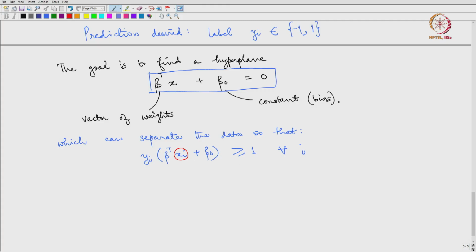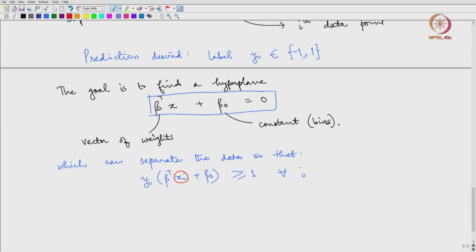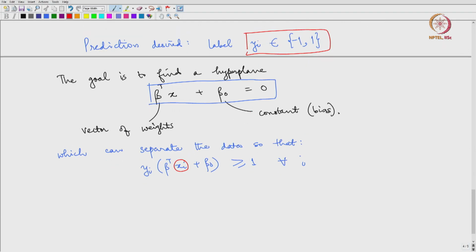Okay. Now, like we discussed, there are two possible labels, plus and minus 1. So, let us see what happens when the label is plus 1 and what happens when the label is minus 1. When yi is plus 1, this means that beta transpose xi plus beta naught will be greater than or equal to 1. That is the condition.